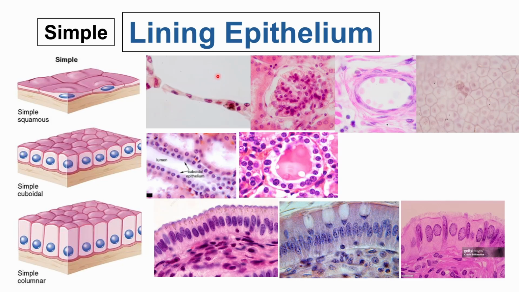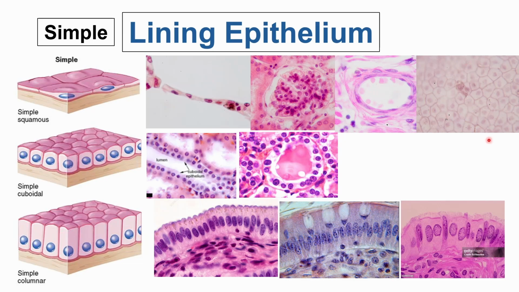Because there are two lumens, we can say that the basement membrane is somewhere in the middle. What else? Here, since there is a lumen, we can say that these are the one layer of flat cells, and the basement membrane is in the basal part of these flat cells, somewhere here. And this is also the same with this part. Basement membrane is in here, lumen is in here.